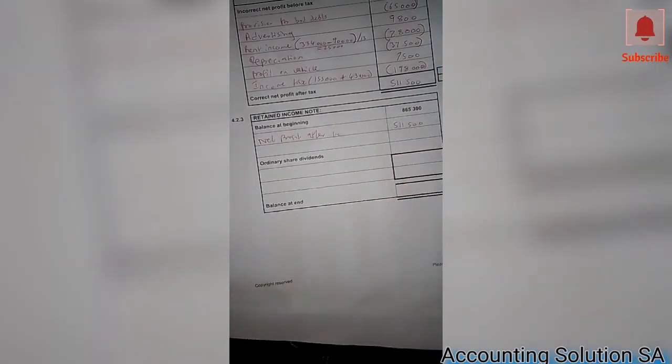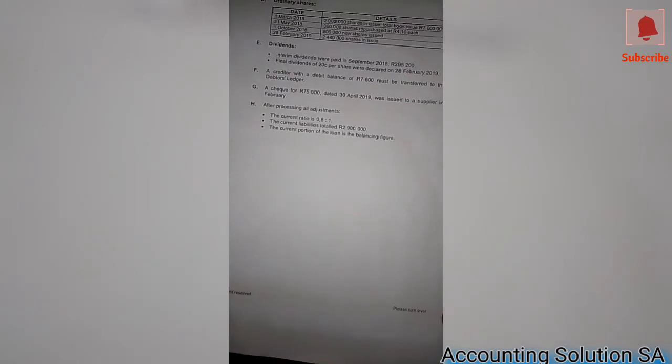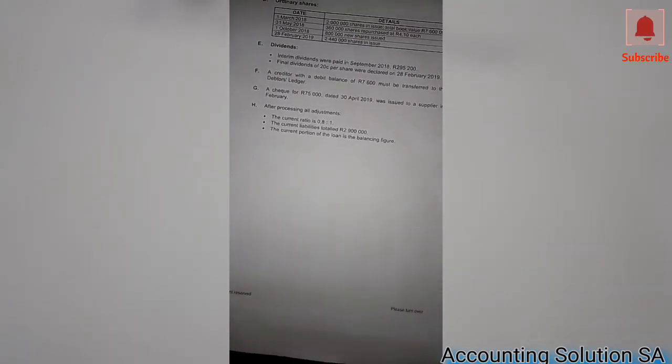Okay, then let's proceed with question D. They said ordinary share capital, then on 1 March 2018 the balance was 2 million shares in issue and the total book value was 7.6 million.